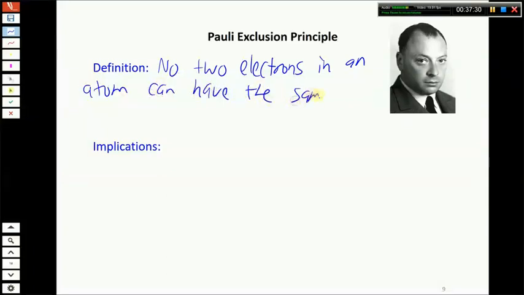So every electron in an atom will have a unique set of those four quantum numbers. As we'll see, you're going to have duplicates of three of those quantum numbers, but all four generate a unique set for each electron.